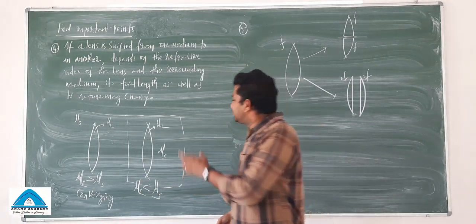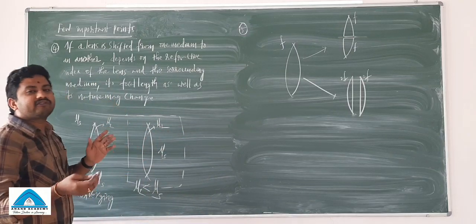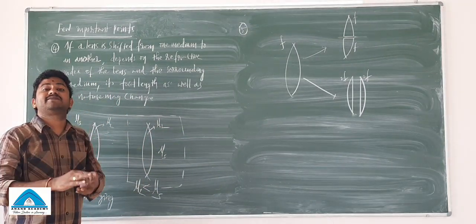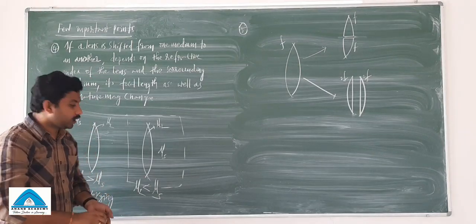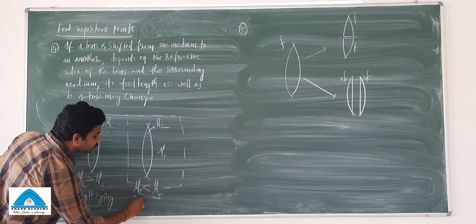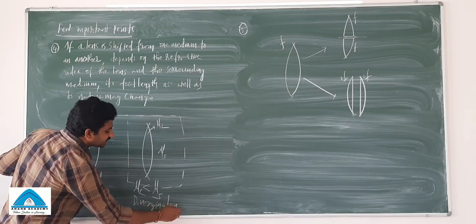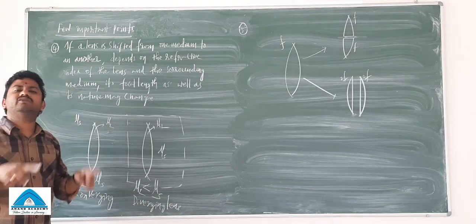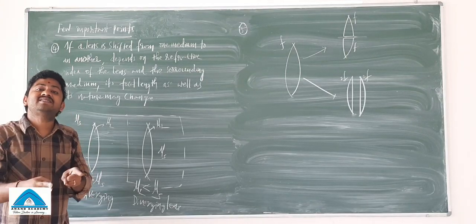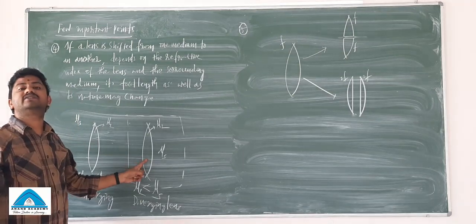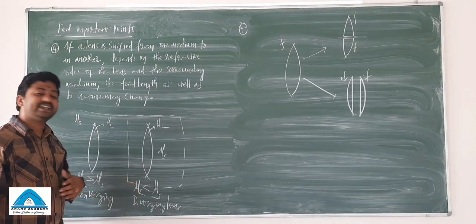In this case, the lens which we have called a converging lens will behave in a reverse way, in a diverging way. So now this is a diverging lens. The actual behavior of a convex lens we have read as converging, but in this situation the same convex lens is behaving as a diverging lens.